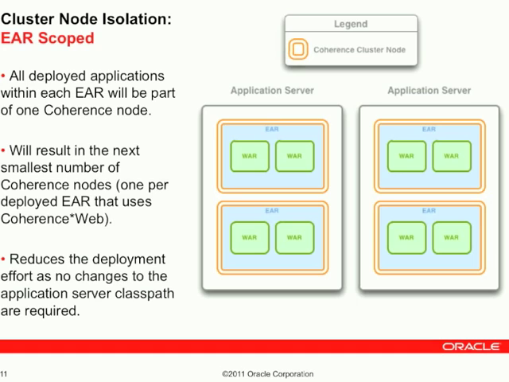This results in the smallest number of Coherence members, assuming you're deploying more than one ear with a war contained to a server instance, and it also results in no changes to the server's class path, which can also be an administrative hassle for some folks.